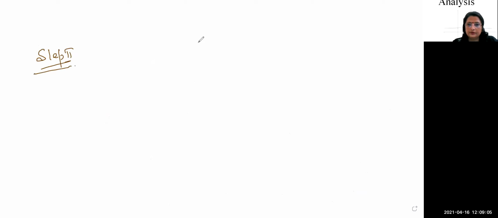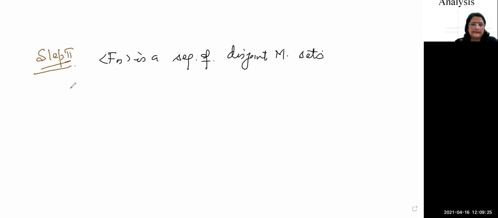In step number 2, what will we do? We shall prove that Fn is a sequence of disjoint measurable sets. Okay?